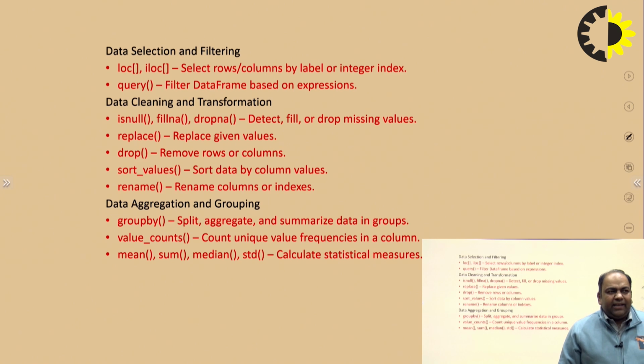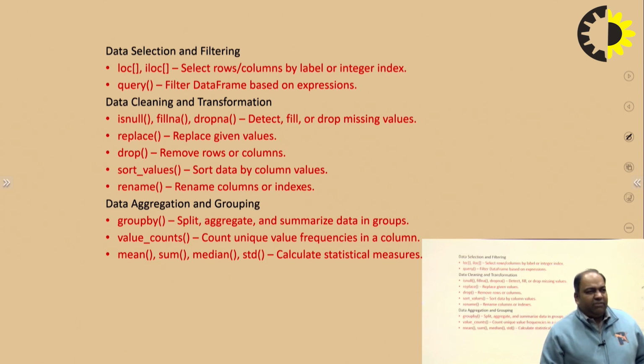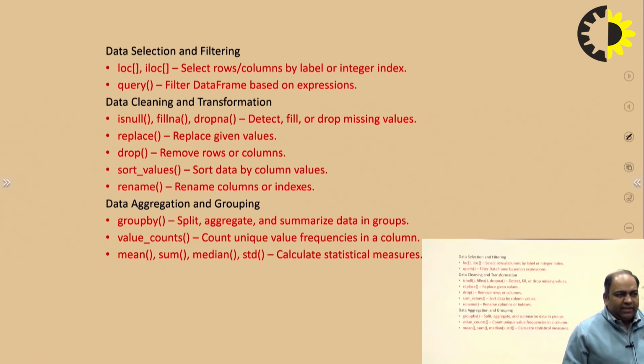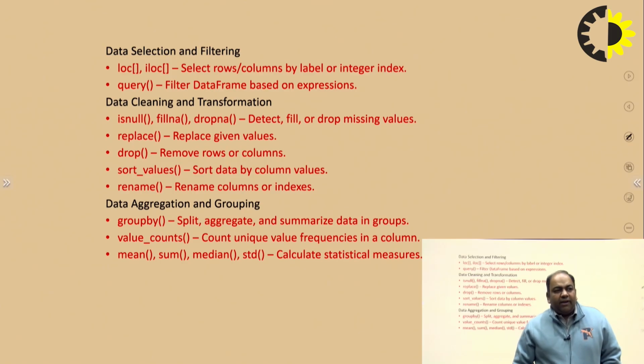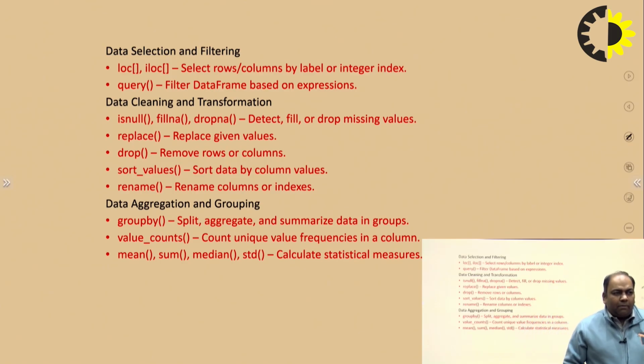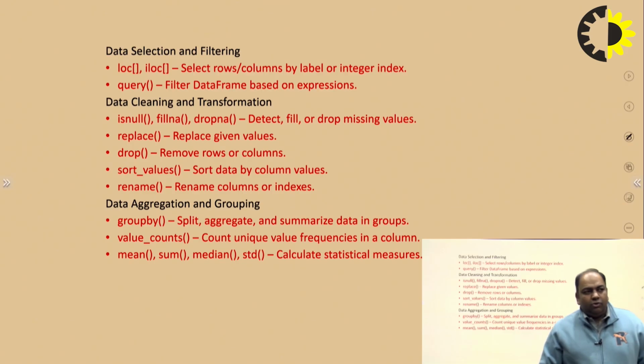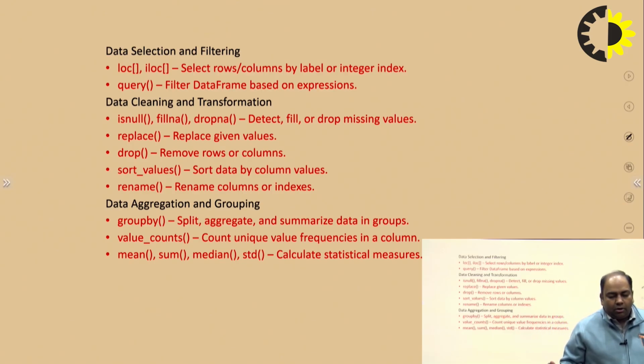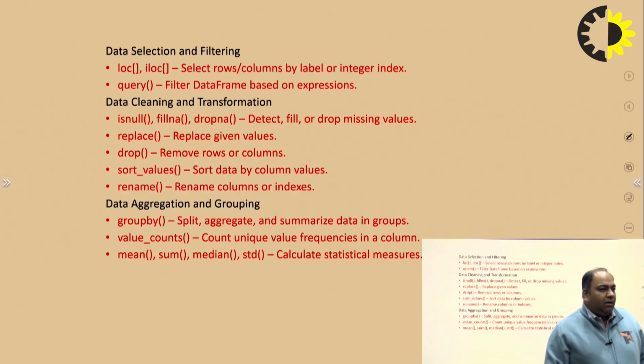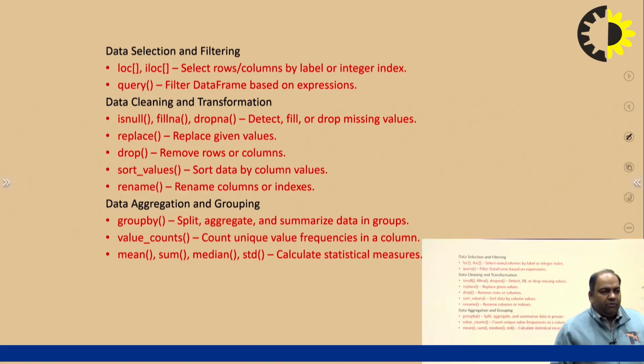For data cleaning, if we want to find the null elements, we use isnull. For removing missing values, we use dropna. For replacing values, we use replace. For removing rows and columns, we use drop. For renaming, we use rename. For grouping, we use groupby and value_counts.